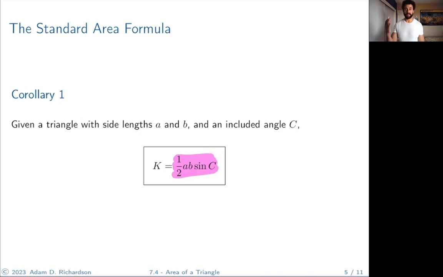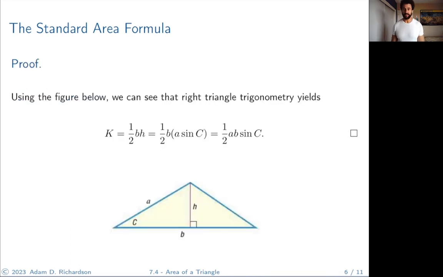Although maybe if you think about the picture, the proof will not be too difficult to surmise, right? But here we go. Using the standard area formula and right triangle trigonometry, here's what we know so far. We know this, and we know this, and we know this angle C. Well, with that information, we can find what the area is because we know that this length h right here, this is the leg of a right triangle.